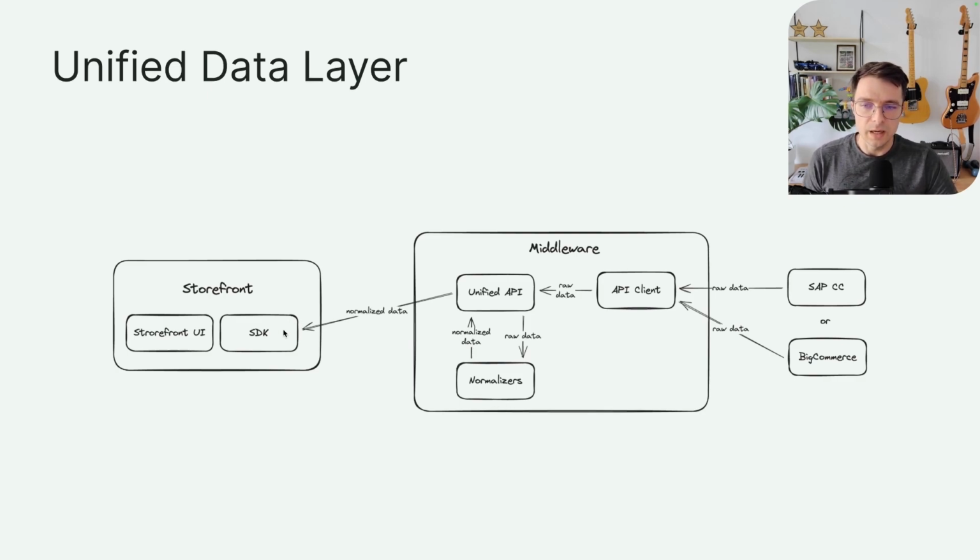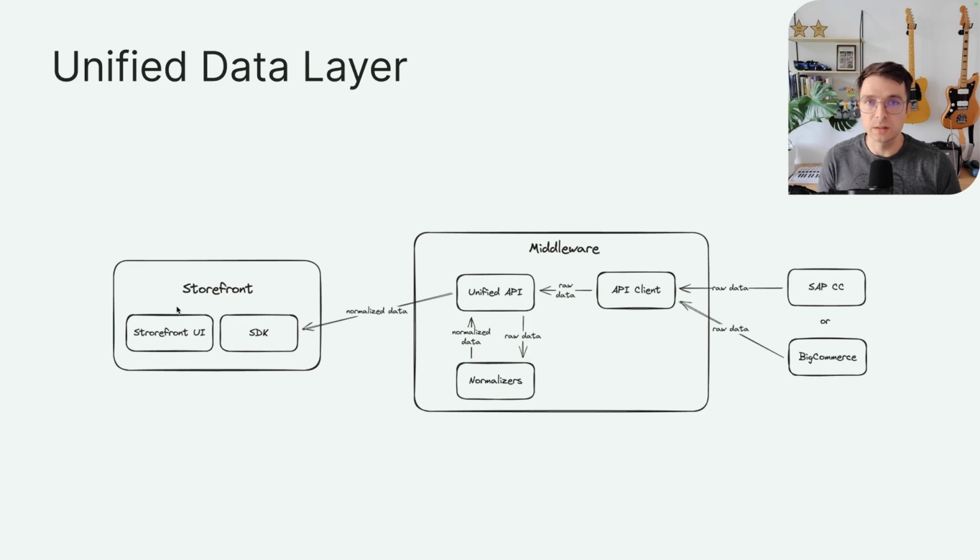Then the SDK gets the normalized data, and this type of data is used all across the storefront. So you can switch the e-commerce engine and the storefront won't notice that. However, standardization all across the board is counterproductive or sometimes even not possible. That's because each e-commerce engine offers its own distinctive features, or you might build some customization on top of that.